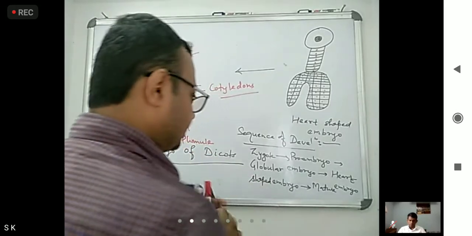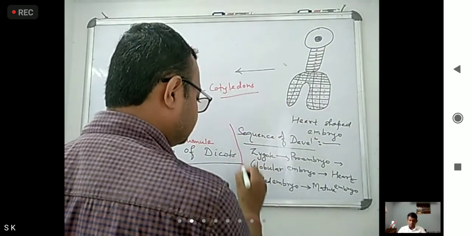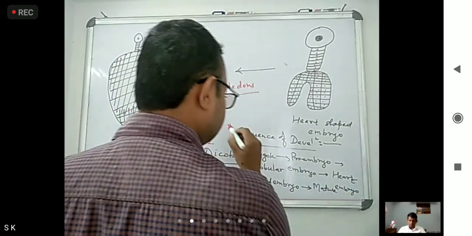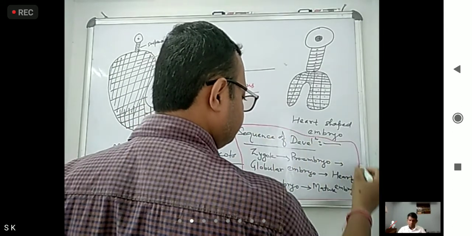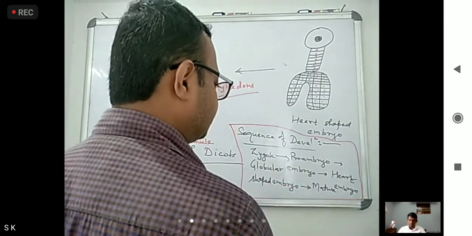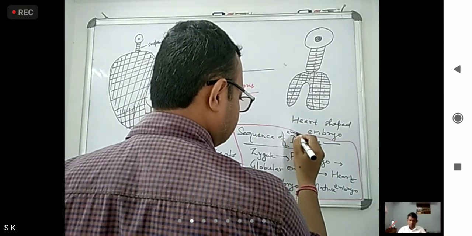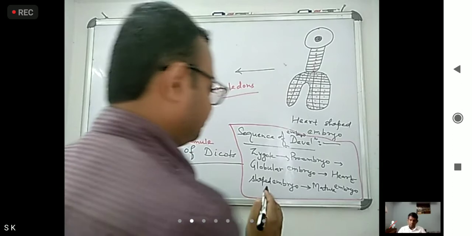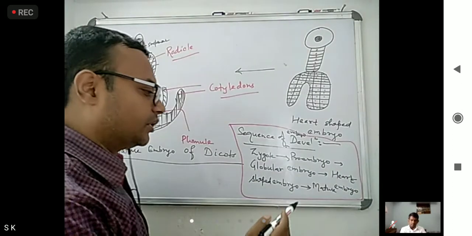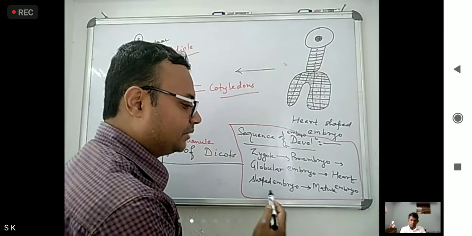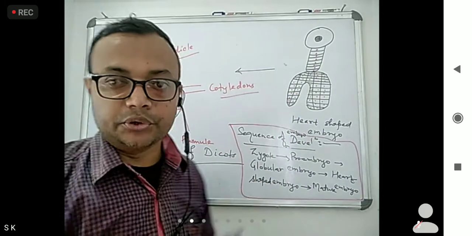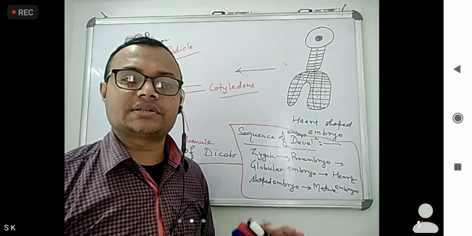Now, this entire sequence you have to remember. Okay, this is more important regarding this sequence of embryo development. So first is zygote, pro-embryo, globular embryo, heart-shaped embryo, then mature embryo. This is the question they are asking.